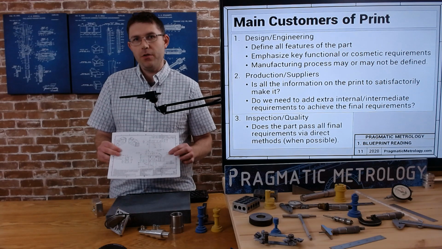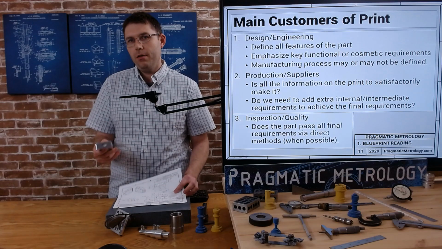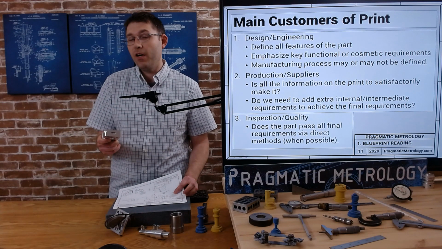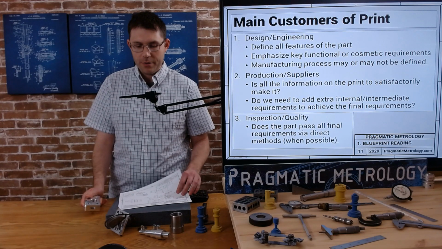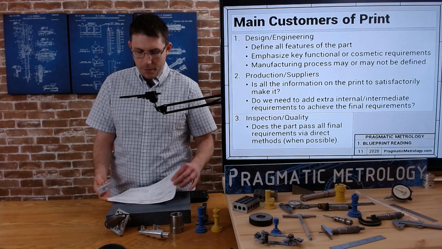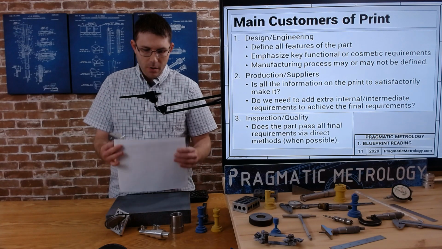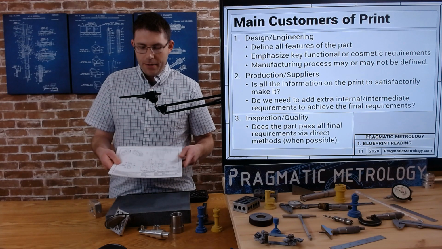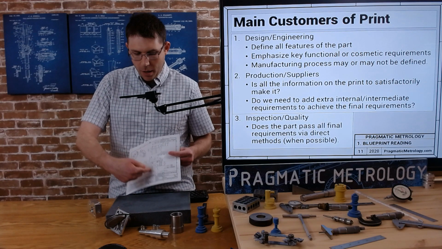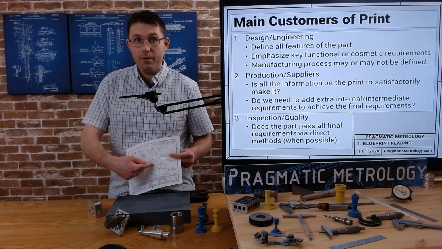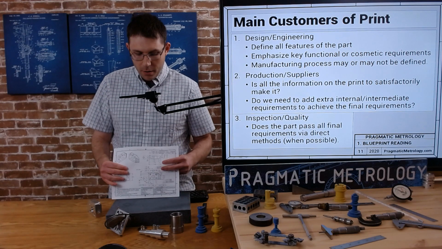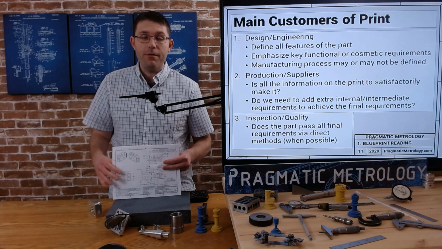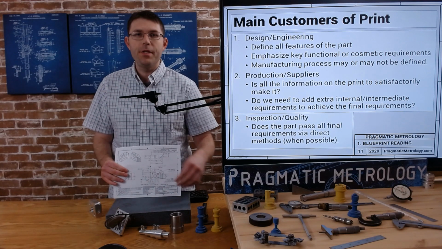Don't inspect to what you think the part does or what you think the requirement should be. The print is the requirements document. So if they call a hole from the bottom up to the top, check it from the bottom up to the top. That's a direct method. If they call it from the right side over, check it from the right side over. Don't go from the other side.